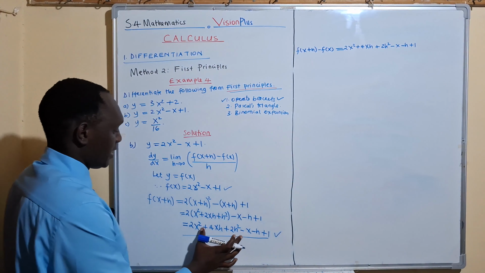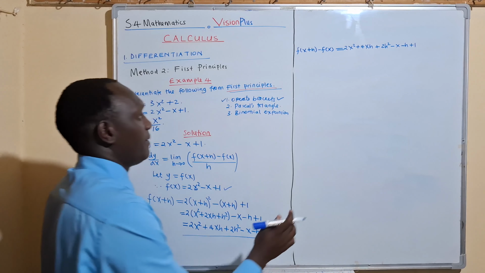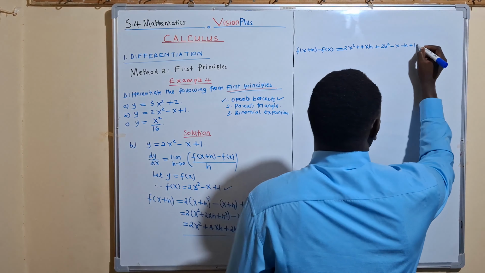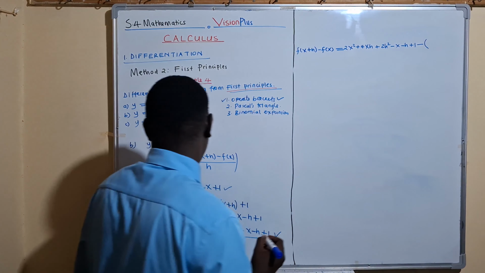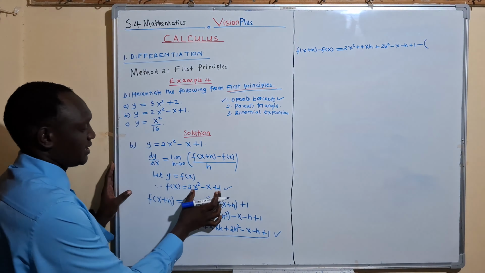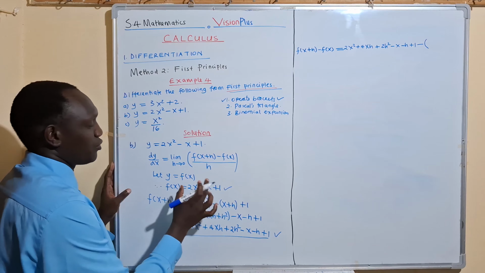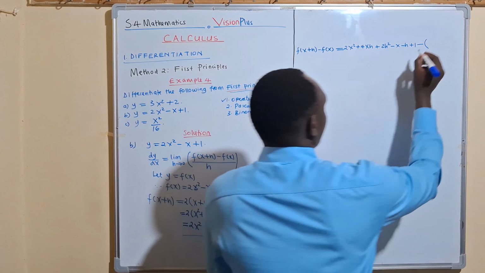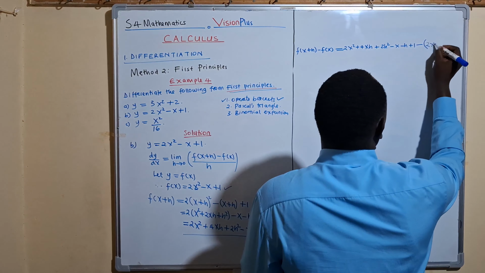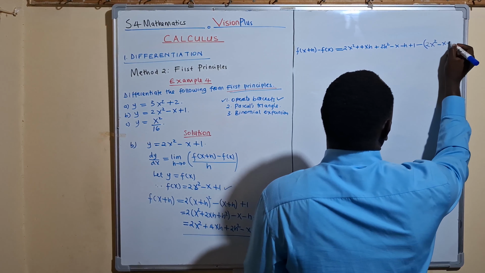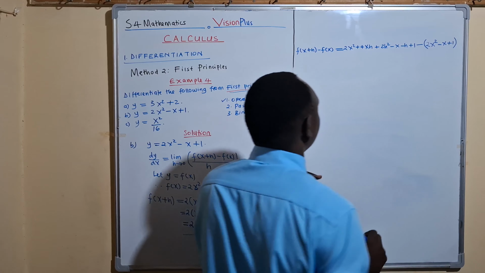But we are saying minus f of x. Where is f of x? F of x is here. It has three terms, so we open the bracket: 2x squared minus x plus 1. Close the bracket.